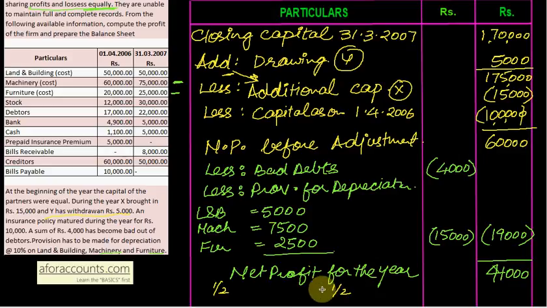That is, the profit sharing ratio is equal. So 41,000 divided by 2, 20,500 is what each partner will get, and that should be mentioned in the working that each partner is getting 20,500, X and Y. So this is how we solve this question. Let's go to the next one.